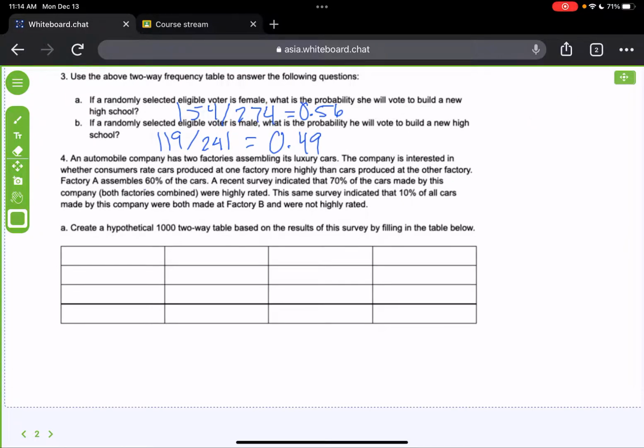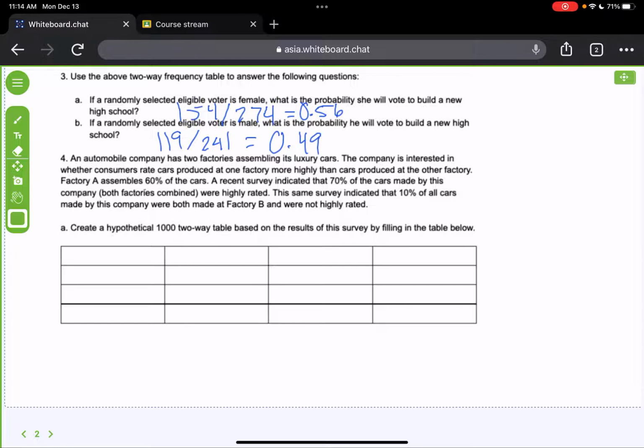Now, number 4 says an automobile company has 2 factories assembling its luxury cars. The company is interested in whether consumer rates cars produced at one factory more likely than cars produced at the other factory. So they're looking at the consumer rates.